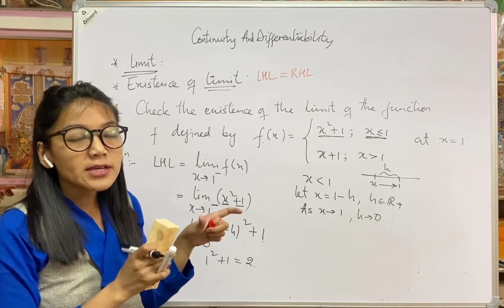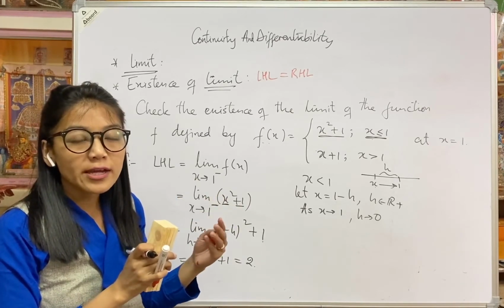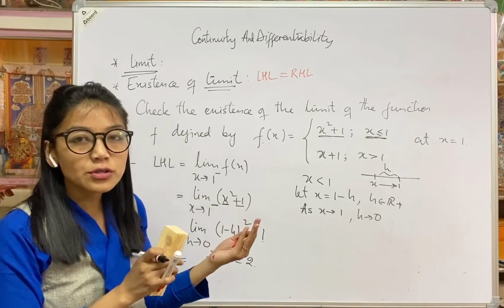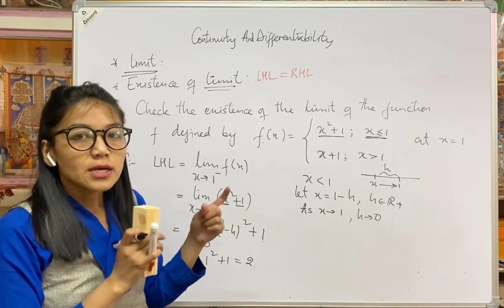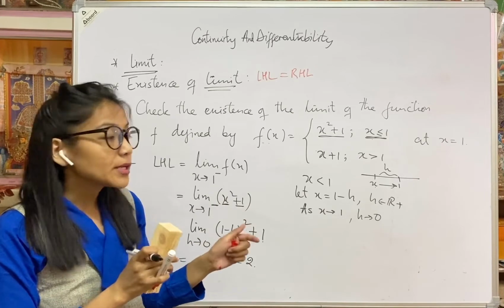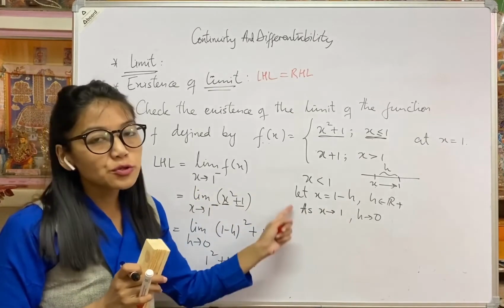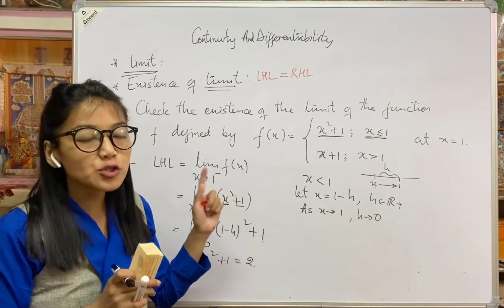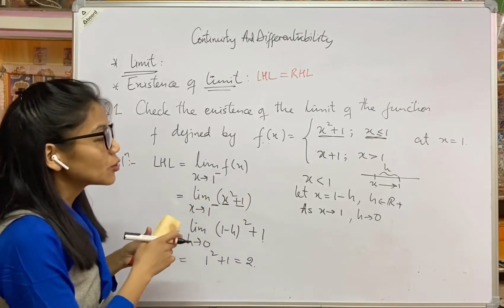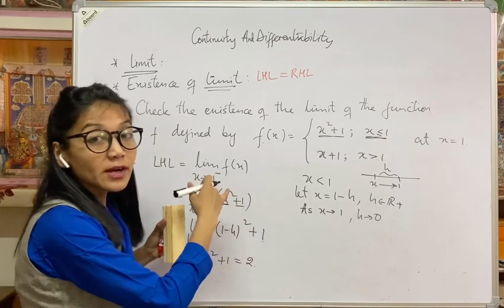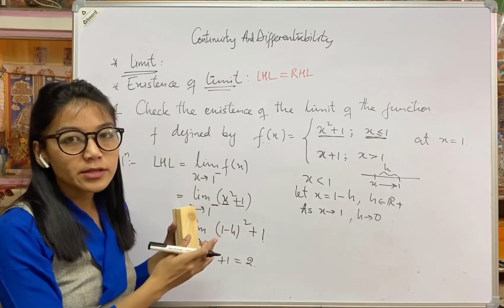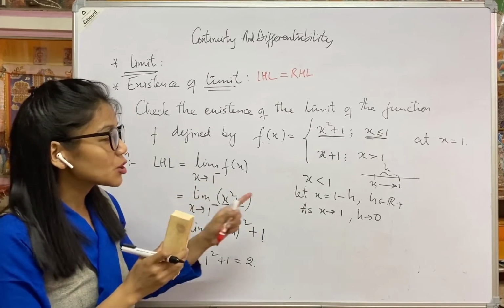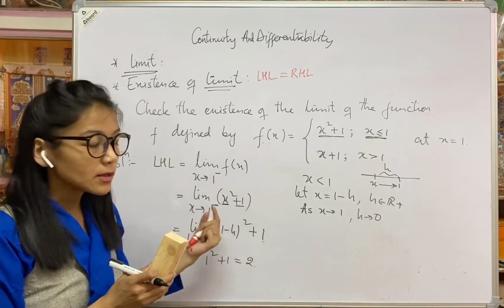Whereas when you consider the modulus function and the greatest integer function, to check the existence of the limit, without applying this substitution method, you won't be able to check the existence of the limit of those functions. Therefore I suggest you always use this method while evaluating the left hand limit and right hand limit, so you will get a clear concept of how we have to solve it.